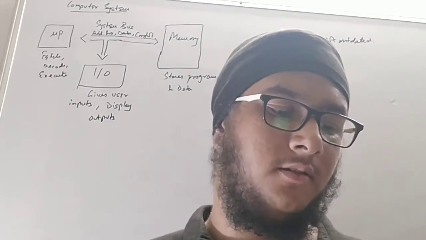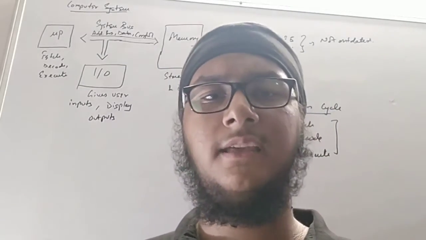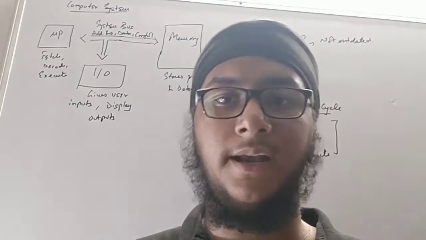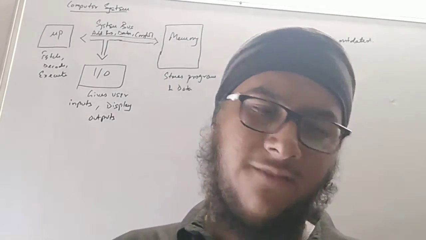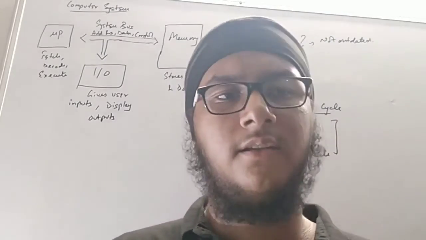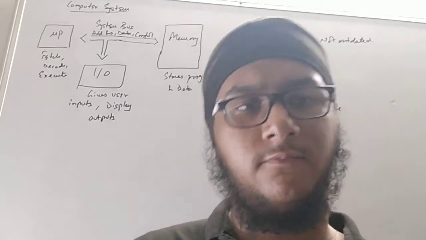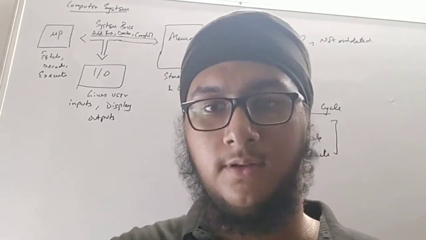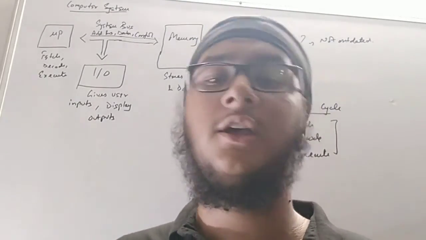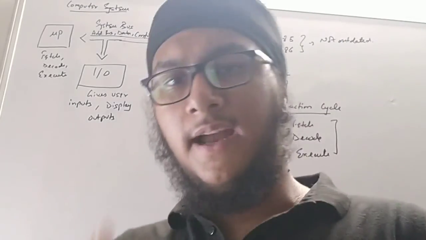The 8085 was a commercially successful, stable microprocessor, which was not that powerful. We'll be learning about that because if you know the basics, then only you can go to higher levels of microprocessors. So we'll be learning that.